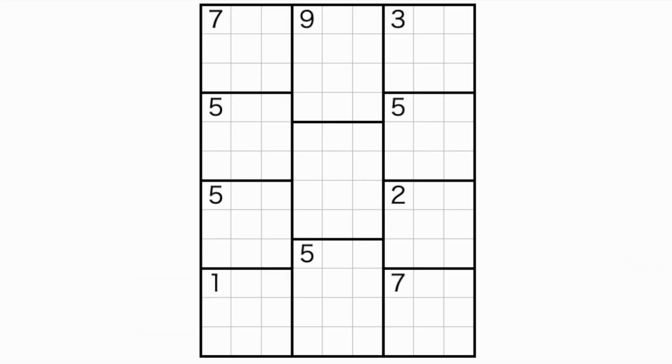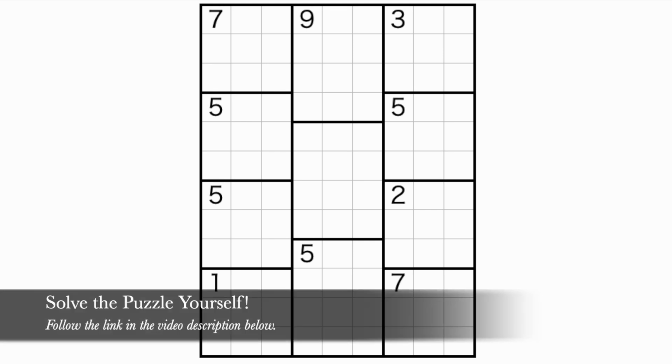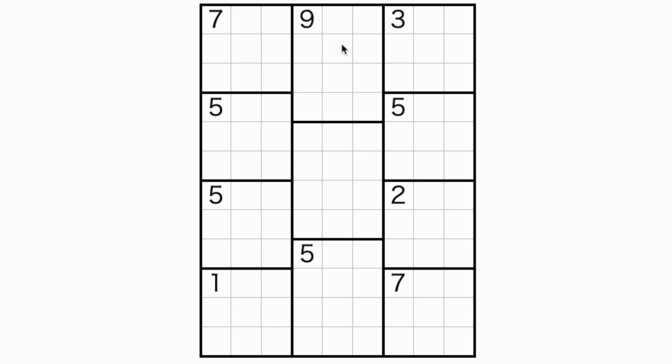Today's Country Road puzzle was set by Eric Fox. We have some large numbers in the grid, which I think might be slightly less helpful than they are in similar puzzles. I think that the smaller numbers actually give us more information.